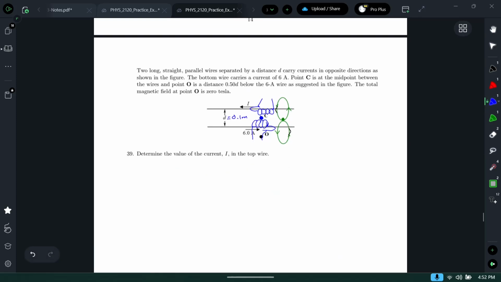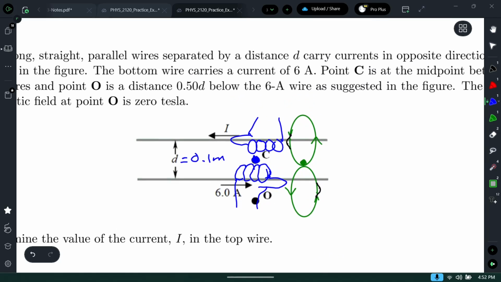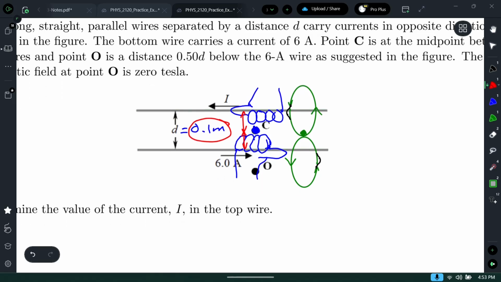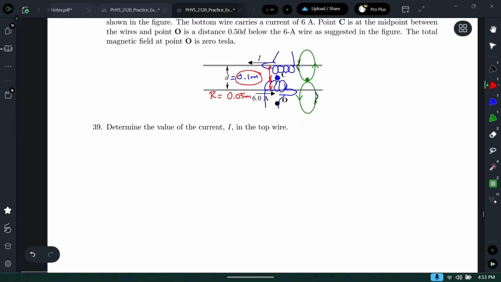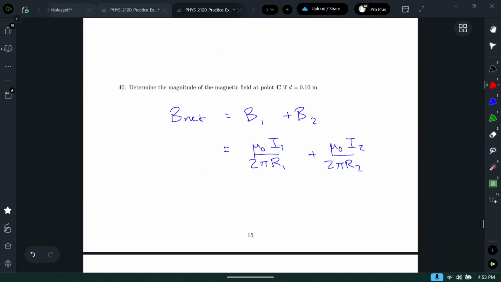And then I'll look at what I should call R. Well, point C is that distance from wire 1, that distance from wire 2. In either case, it's half of this distance. So my R would be 0.05 meters for both of them. All right, so I have the same R, and then all these other constants, so I'll factor that out.